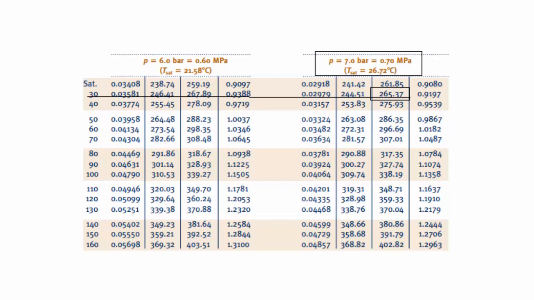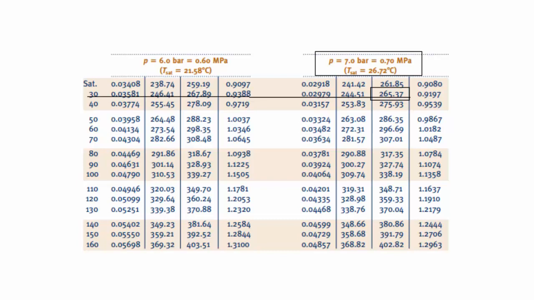As you can see over here, the pressure is 0.70 megapascals and the saturated temperature is 26.72. Now this is not the exact same temperature and pressure. We will choose the approximate value as it is given, 65.37.